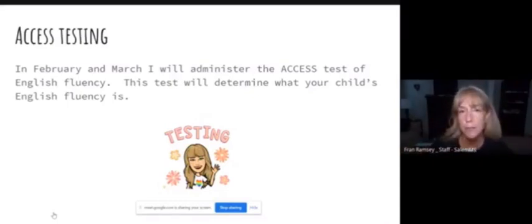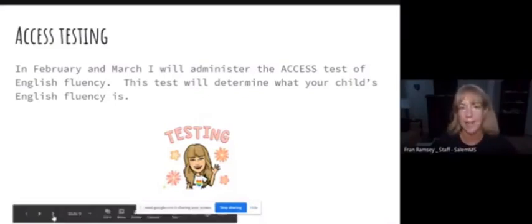It's rated on a scale from 1 to 6, 1 being someone who's just entering the country and speaks practically no English, and 6 would be the most fluent. Once your child gets a 4.8 on this test of English language, they're considered fluent and they never have to take the test again, and they are off my caseload. So I just wanted to give you some information about that ACCESS testing.